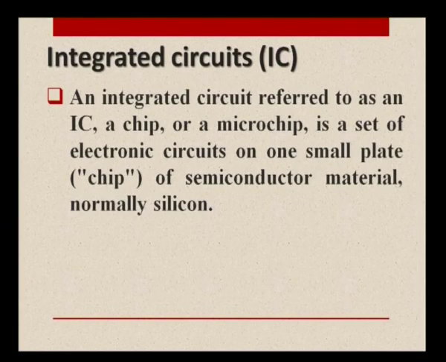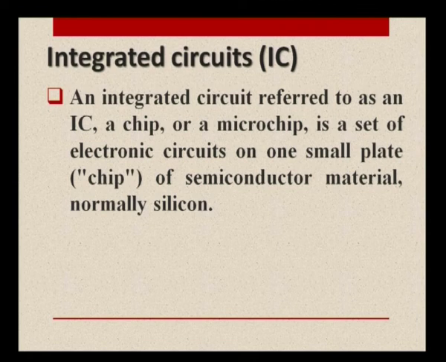So, let us have a look at the gate ICs and know how these circuits are incorporated in small chips. An integrated circuit, referred to as an IC, a chip or a microchip, is a set of electronic circuits on one small plate called a chip of semiconductor material, normally silicon.